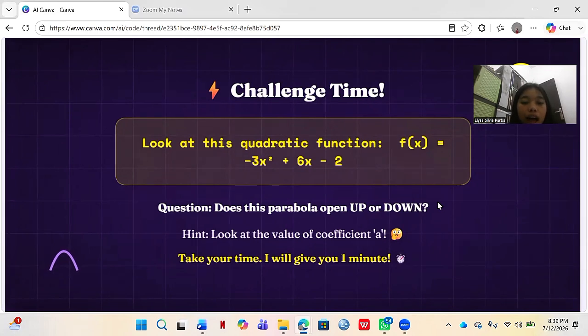Does this parabola open up or down? Think about the coefficient a and write down your answers on your paper. I will give you 5 minutes.